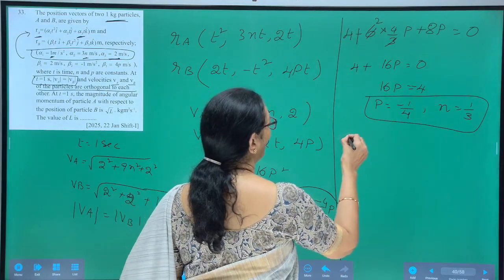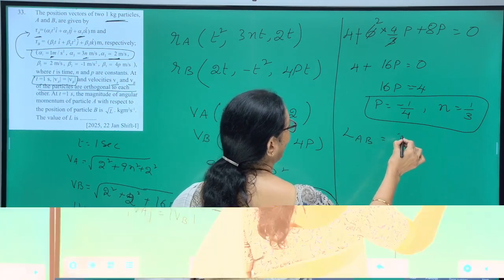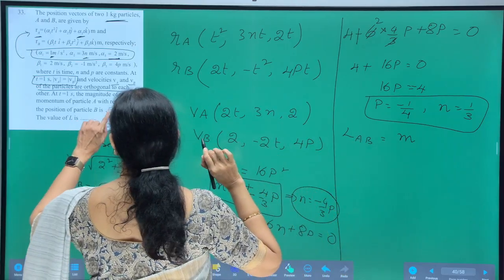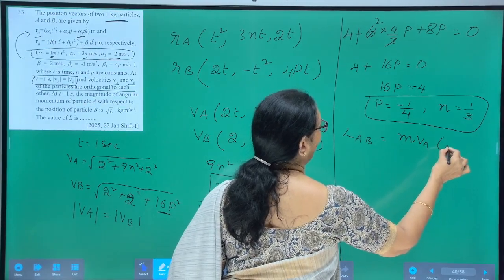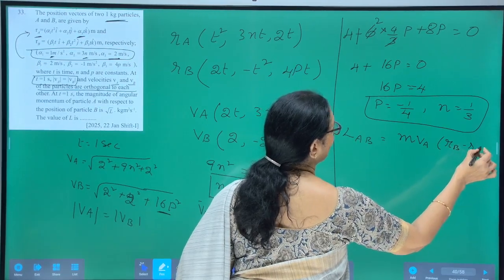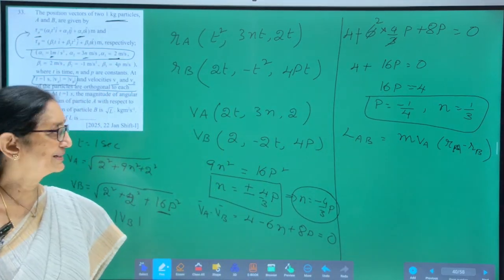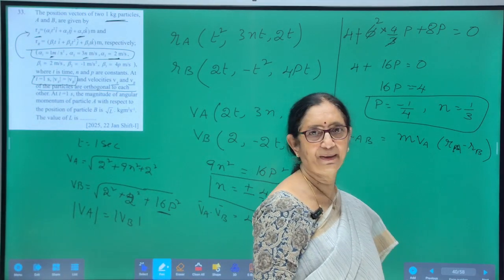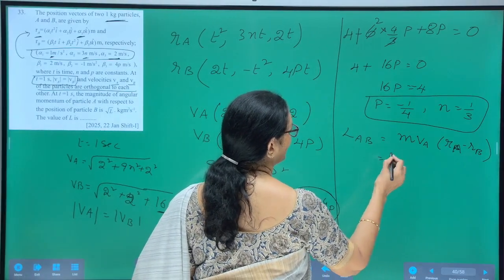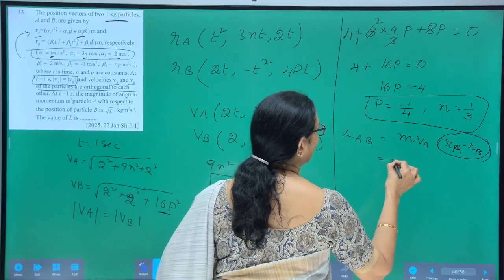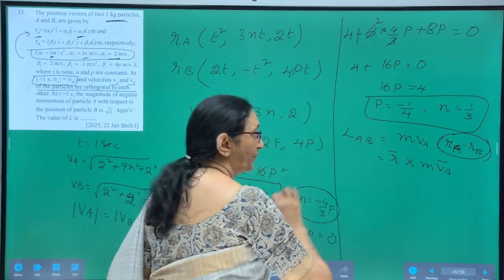So, angular momentum of A with respect to B, you have to write R cross P. So, if you take this as R bar cross M VA bar, that is what you need to find out.